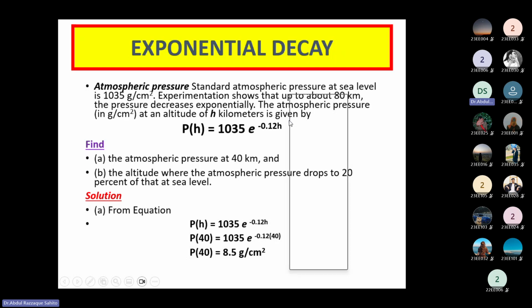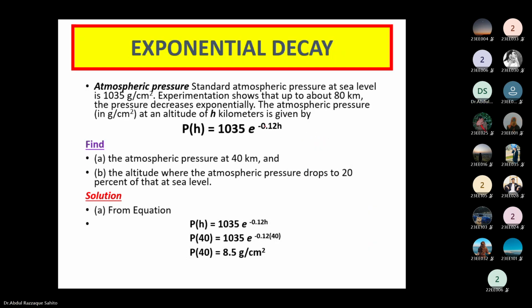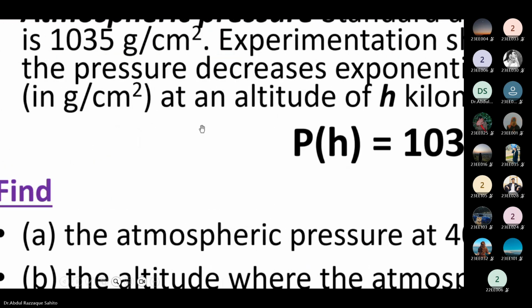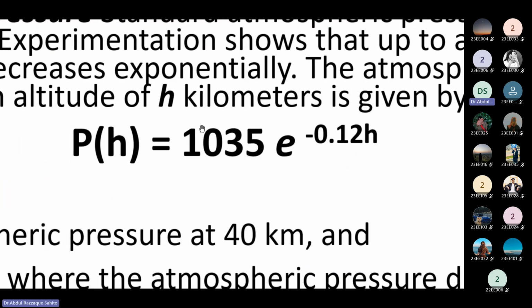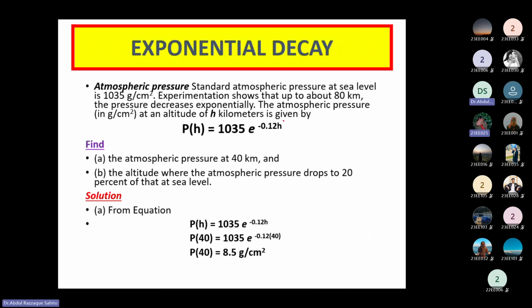Yes, there is a negative sign in this model, here. This negative sign shows that the value for the k is less than 1. That means this model is opposite to the growth. It's a decay model.